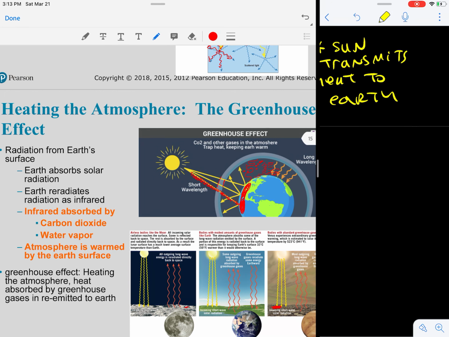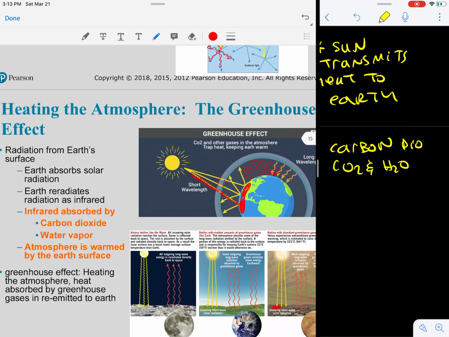Let's put this together piecemeal. So carbon dioxide, I'm just going to write CO2, and also water vapor.